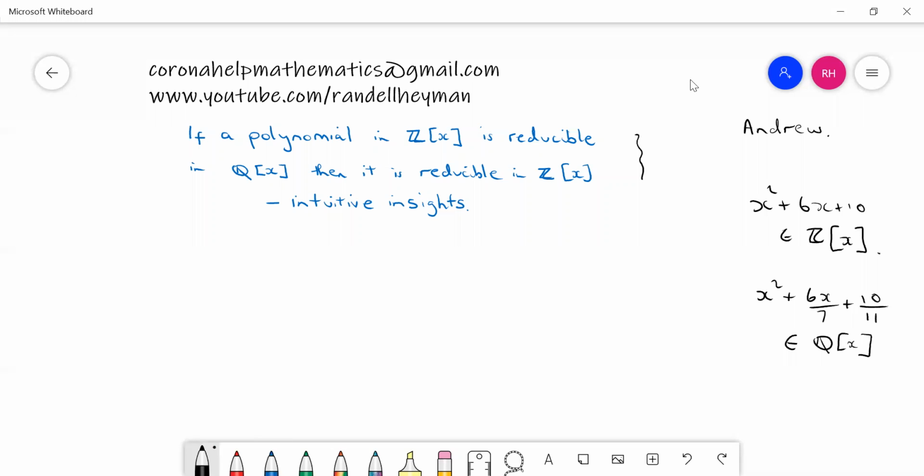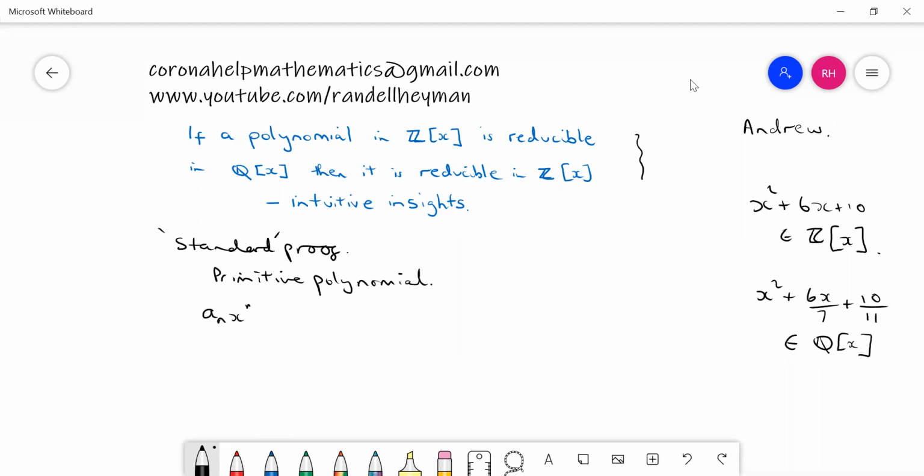Okay, so now Andrew's worked through the proof, and the standard proof, in fact it's the only proof I know, involves the concept of a primitive polynomial. So what's that?